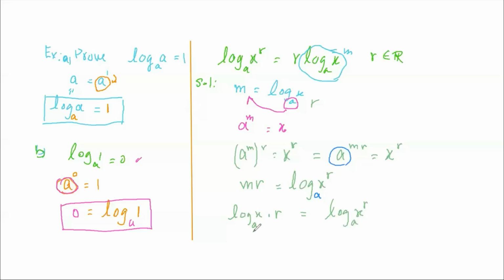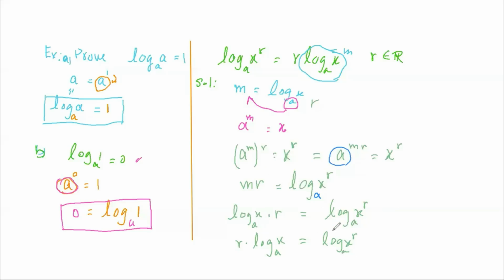So log x base a times r, I can write r log x base a, right? I move r to the front. Correct. So I move r here times log x base a equal to log x power r base a.